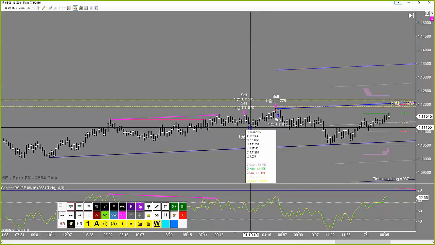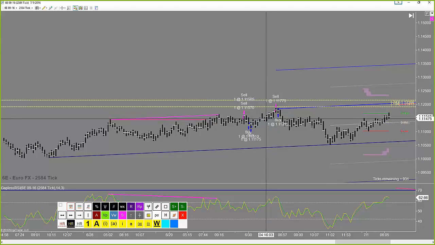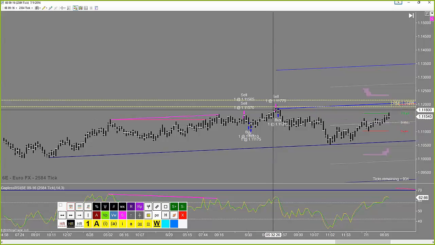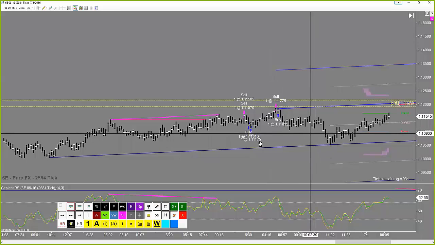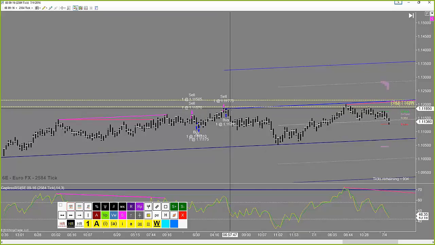And then I bought the low. So I sold the high, bought back there, bought the low, sold the high there. And then I think I got stopped out on that last one right there. Yep. Sold it just a little bit too early and then got stopped out just before the big move.